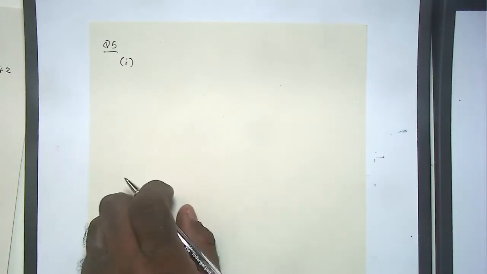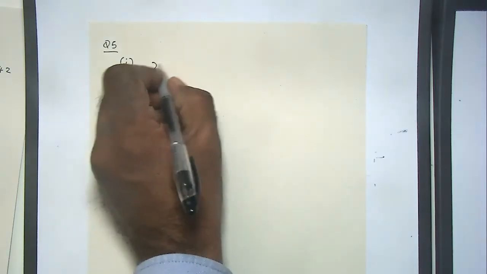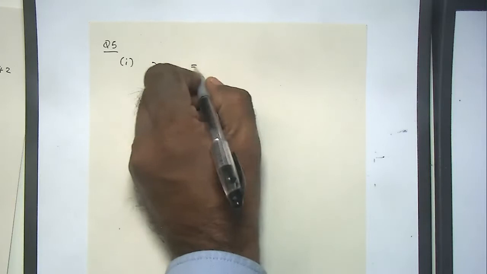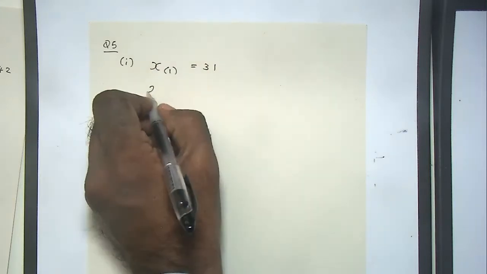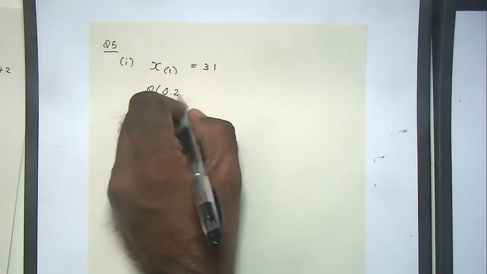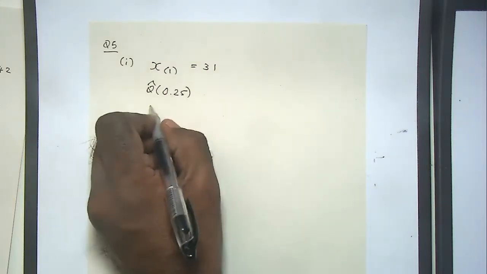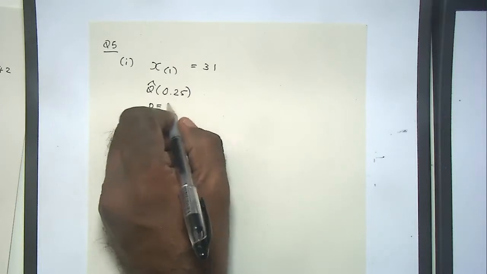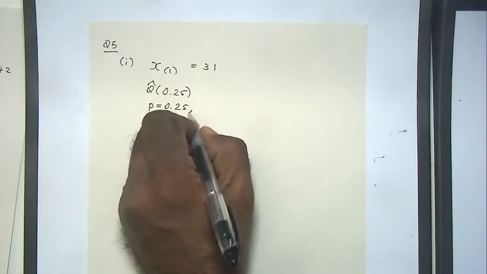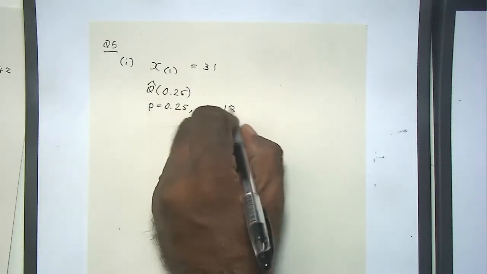Alright guys, listen please. For the first part, again the 5-number summary. The smallest data point is 31. For Q hat at 0.25, your p is 0.25 and your n is 18.